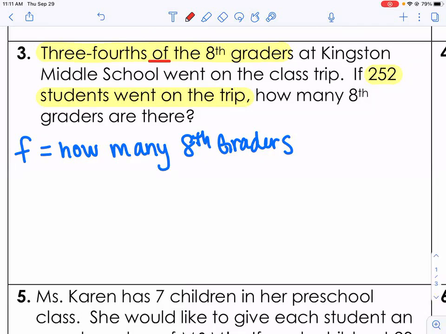I really like that Quinlan is looking back at her notes from the very first day. Quinlan, what did you find? Multiplication. So 3/4 of the 8th graders would mean that we're writing 3/4 times F equals how many students went on the trip. Okay. Ooh, this is a good one.